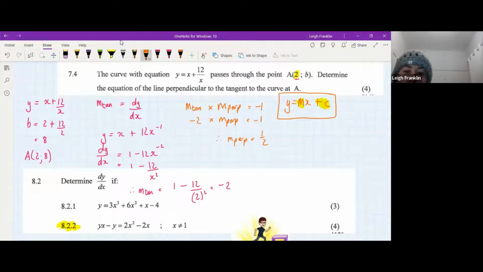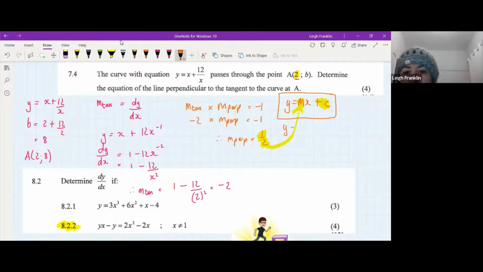All right, so we've now essentially got this value of m here which has got to go in there. And then as I was saying to you at the beginning, subbing into y equals mx plus c, we've got the x and the y from point A, we've got the gradient, and then we can work out what the value of c is.